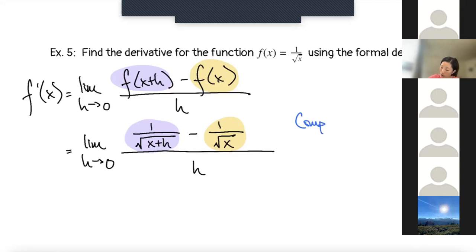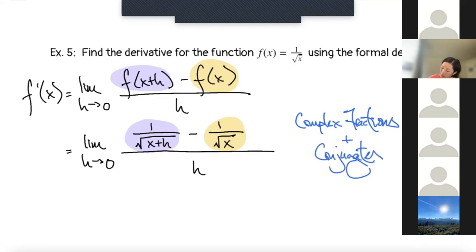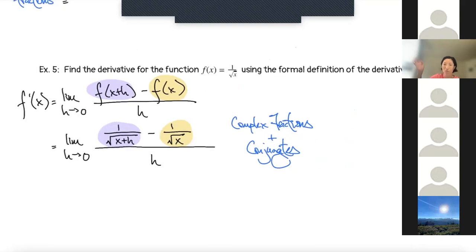We've got to think about complex fractions and conjugates. Okay, so it makes this one a little bit of a longer problem. But if you feel like examples 3 and 4 are way easy for you, I would suggest that you practice number 5 just to really shore up on what happens if you have more than one thing.